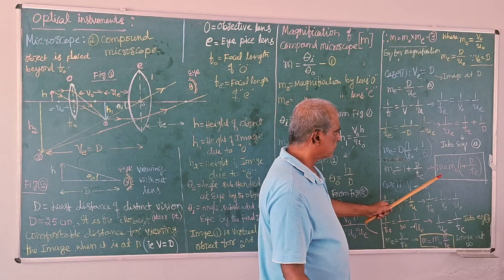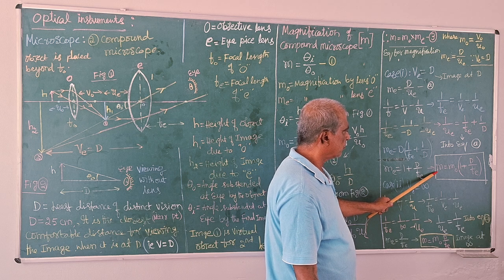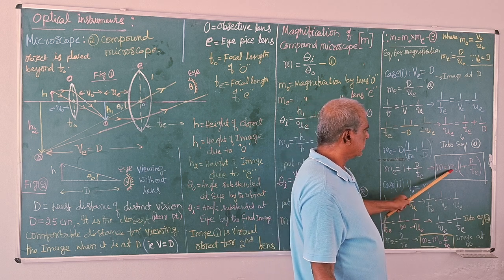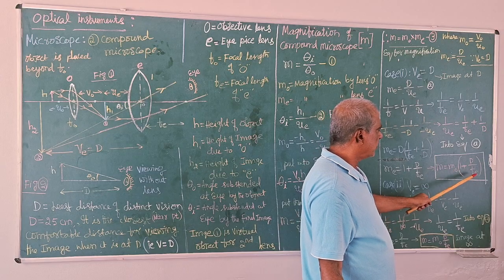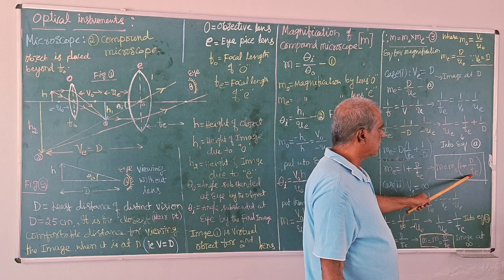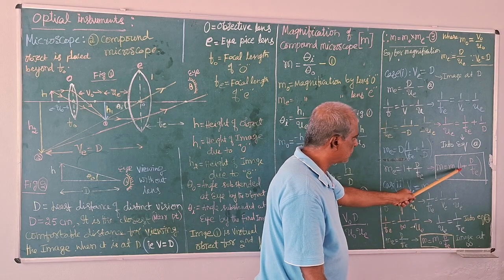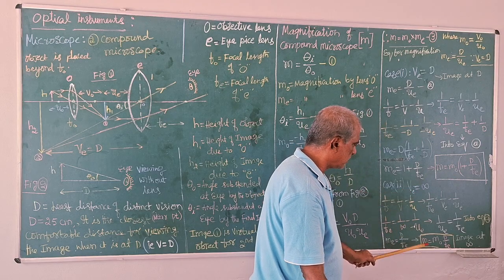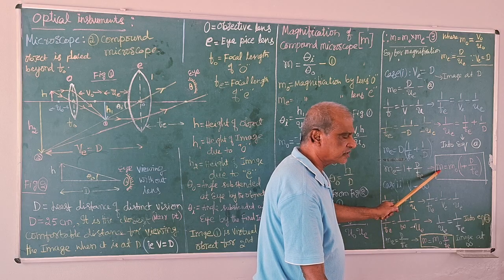Look at this equation, the equation for the magnification by the compound microscope. It depends on the magnification of the objective lens directly, and the focal length of the second lens, the eyepiece, inversely. Here, with this one addition, it also includes the image at distance d.